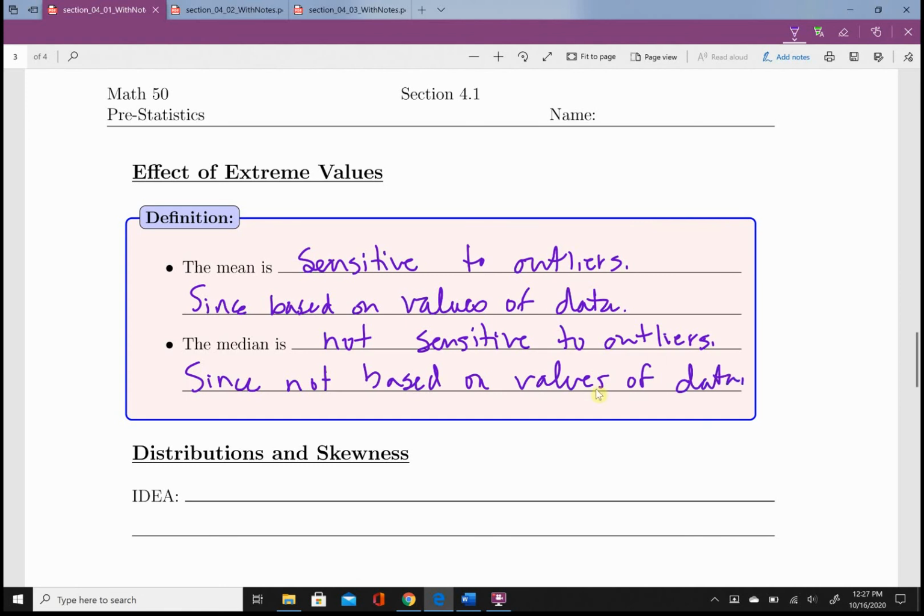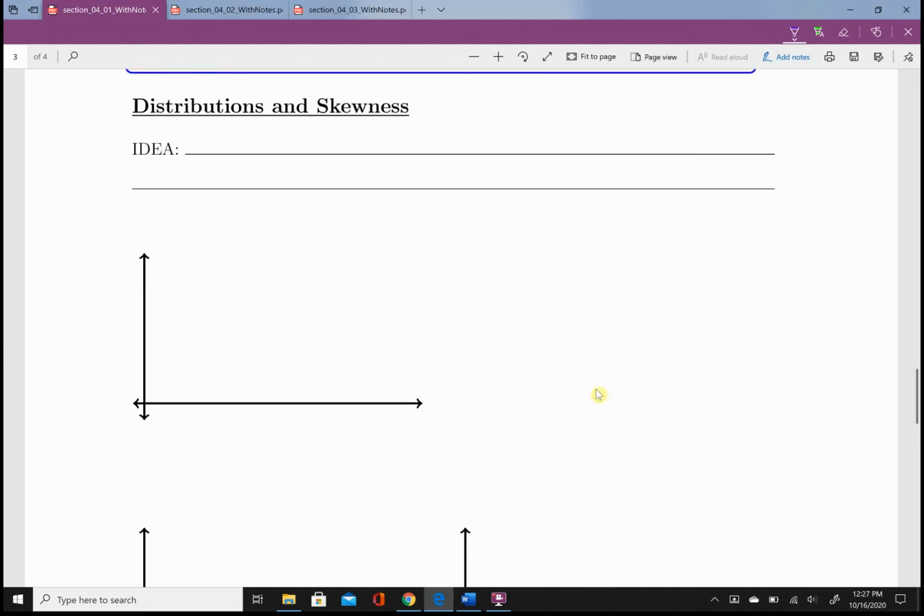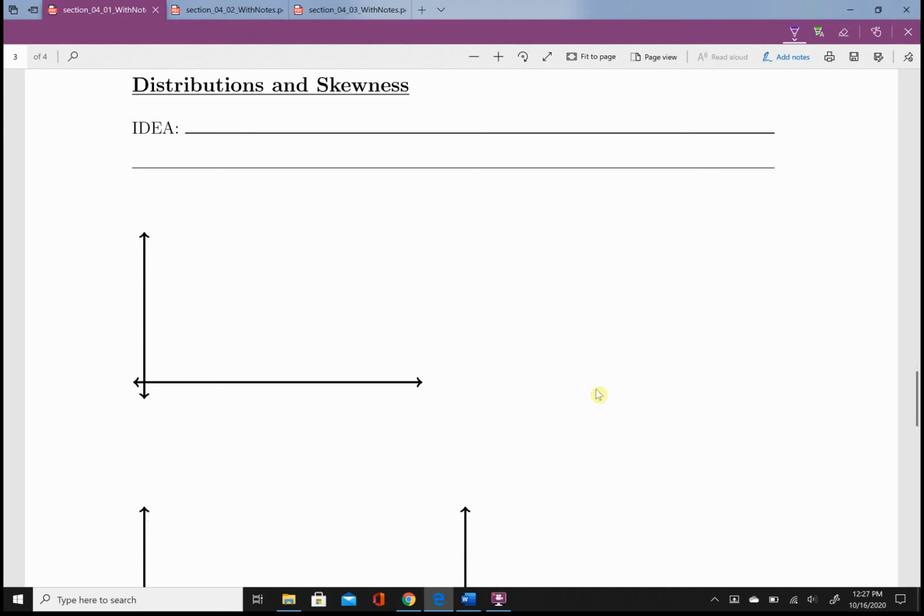Okay, so let's talk distributions and skewness for a moment, okay? And how the mean and the median can compare to one another depending on what your distribution looks like, okay?